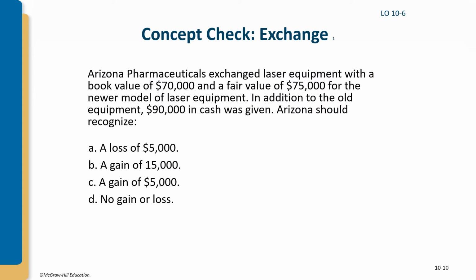So Arizona Pharmaceuticals exchanged laser equipment with a book value of $70,000 and a fair value of $75,000 for a newer model of laser equipment. In addition, they paid $90,000 in cash. Arizona should recognize a gain because the fair value of the asset they gave is more than the book value.